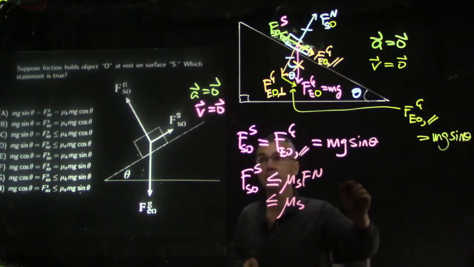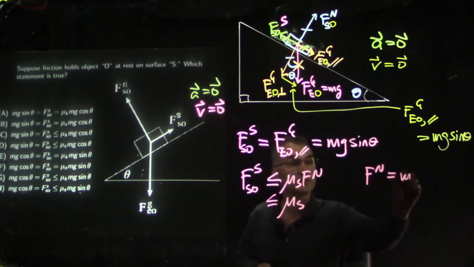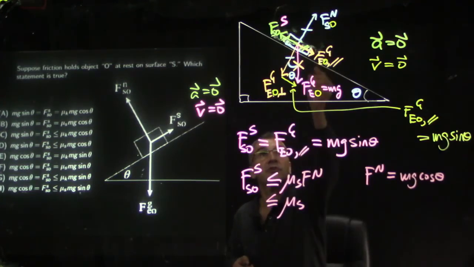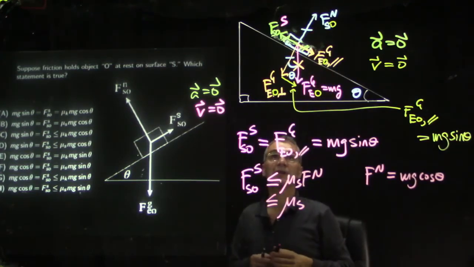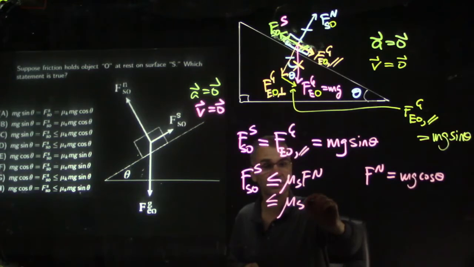So F normal we determined earlier is mg cosine theta, because the normal force has to balance the into-the-plane component of gravity. So this is less than or equal to mu static mg cosine theta.